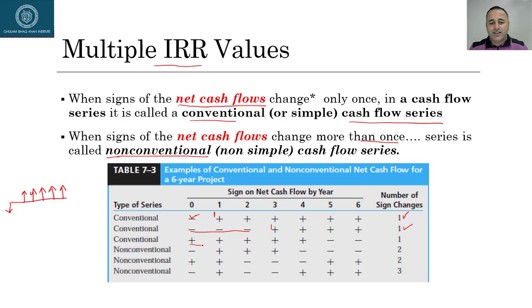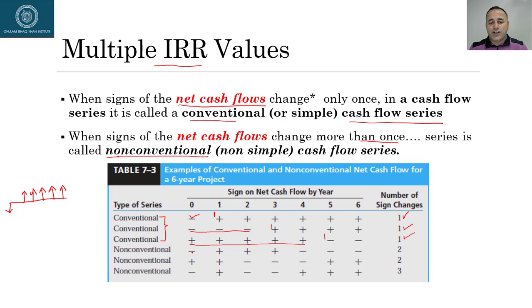Cash flow started with a positive inflow, and then I have outflows in year number 5 and year number 6. Again, there is only one change because the sign changed in year number 5 and then it did not change. So again, one sign change. Whenever we have only one sign change, the series is called a conventional series.